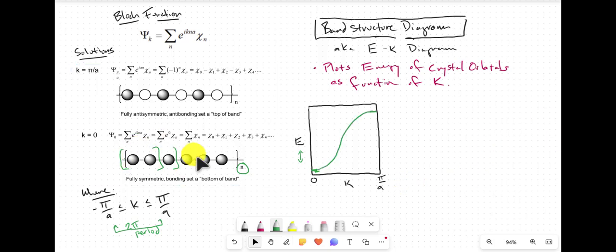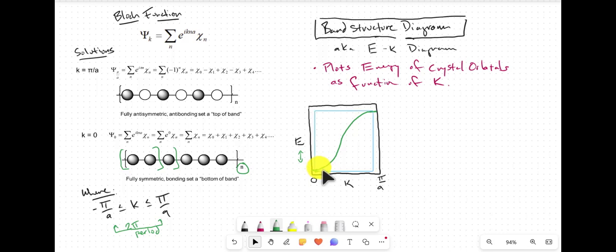So for our infinite linear chain of hydrogen 1s orbitals, we'd get a band diagram that looks something like this, where at the k of 0, we get the fully bonding set, and that's the sigma bottom of the band, and that is at the lowest energy. And then we have a continuum.